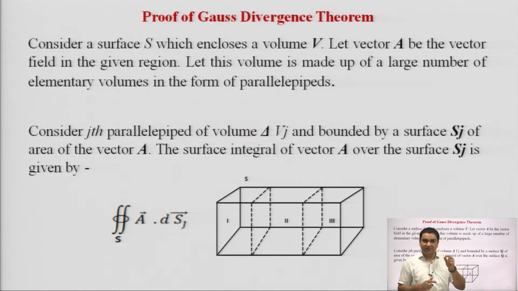It means this dSj is the differential surface area of the jth element.